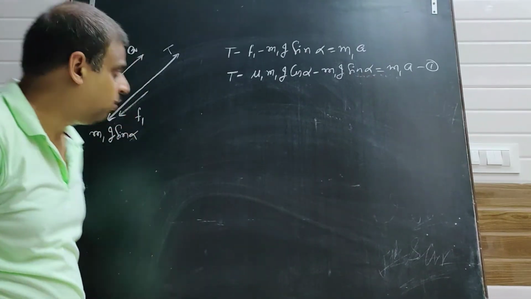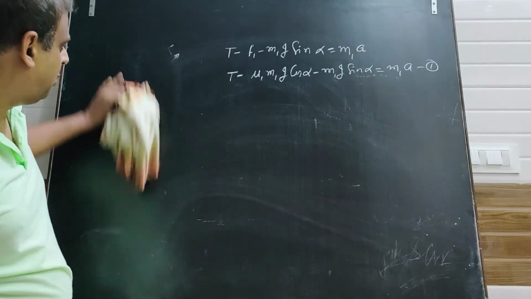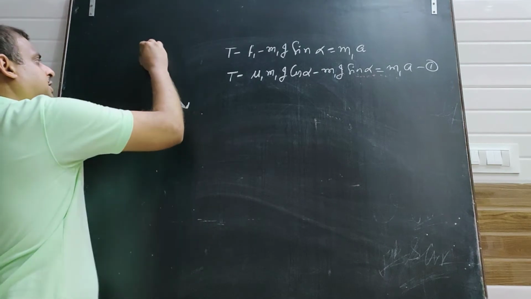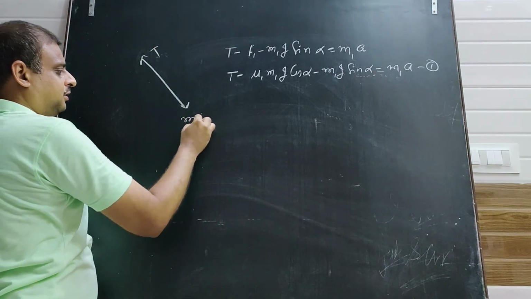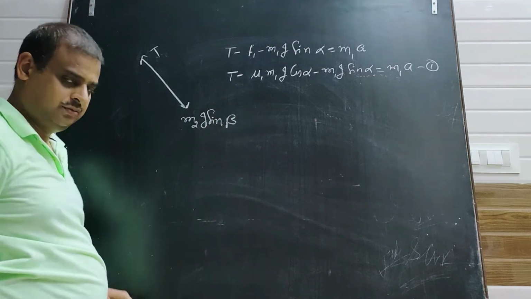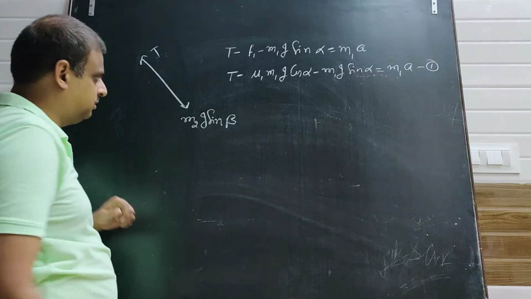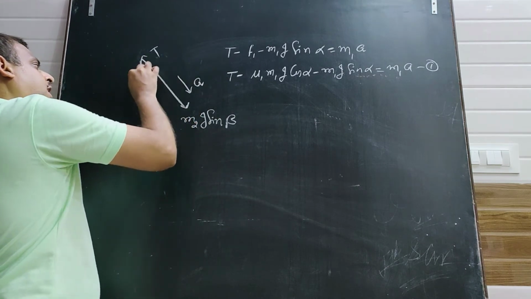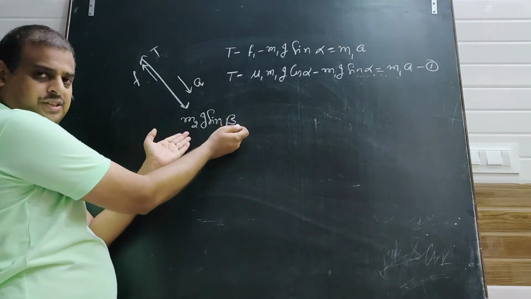Let us have free body diagram for the second body. For the second body, tension upward, component of the weight in the downward direction, acceleration downward, force of friction upward. This is positive.